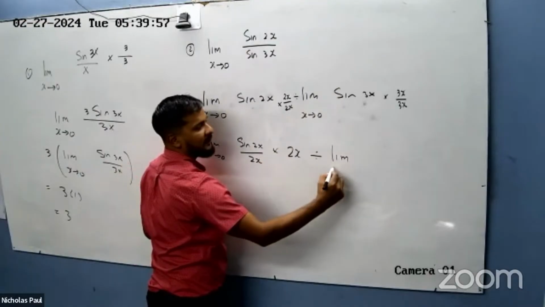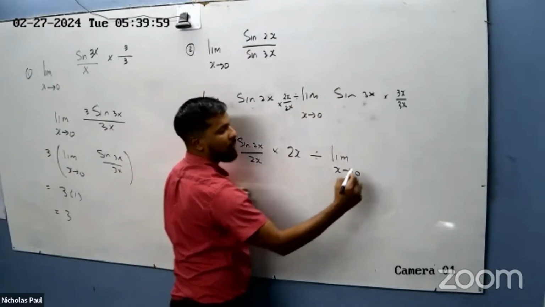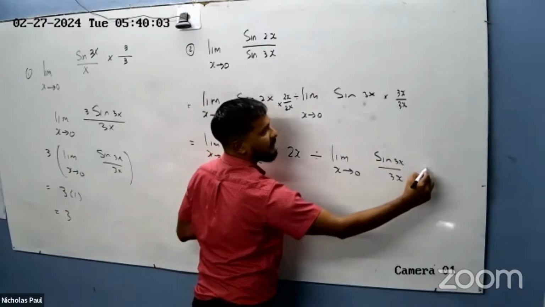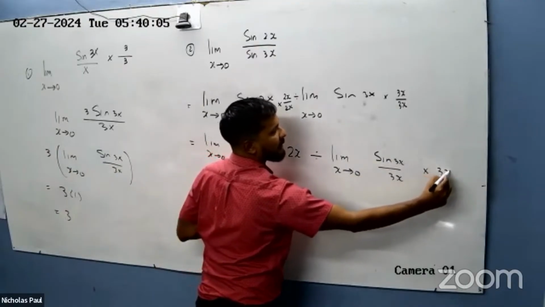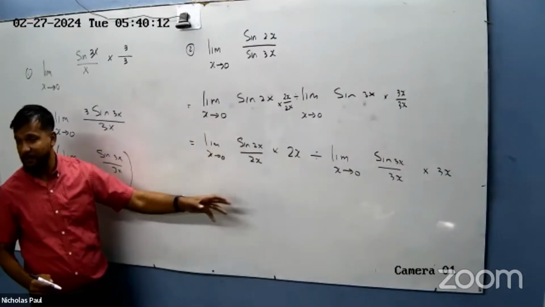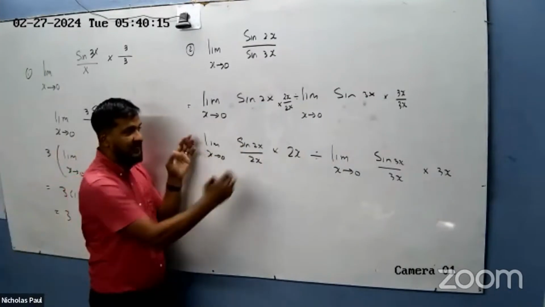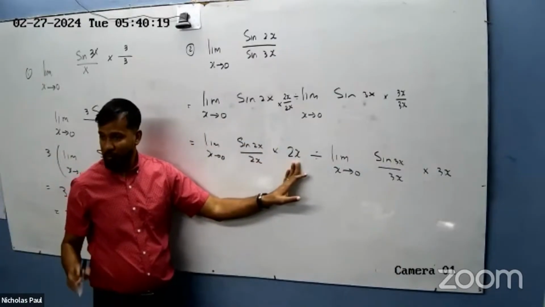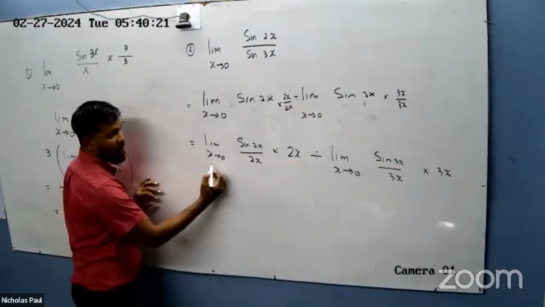The limit as x approaches 0 of sine 3x on 3x multiplied by 3x. Don't just cancel off things here, you cannot. Don't just say that this is 1 and then you're left with 2x. That's wrong. What you're doing is this.